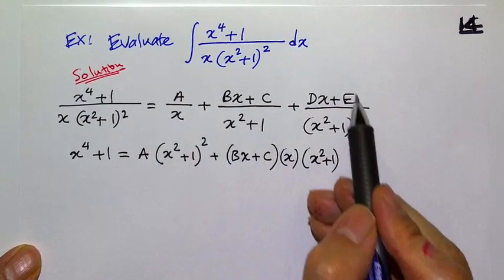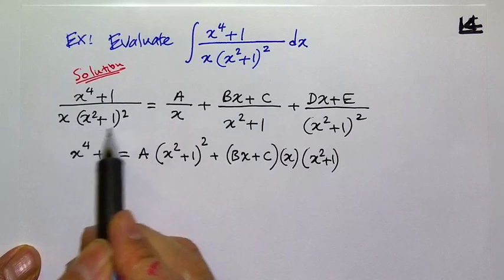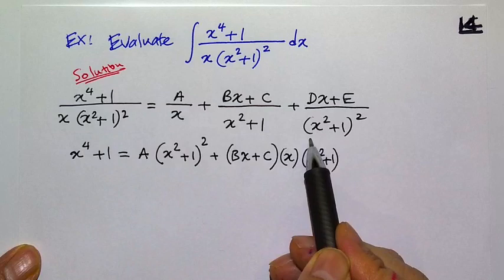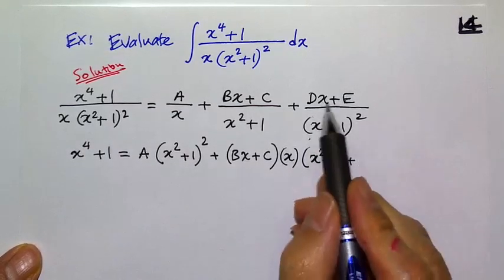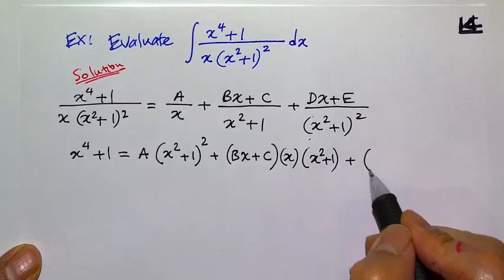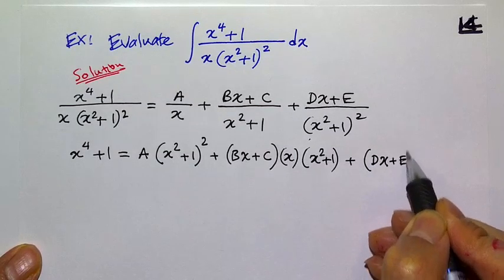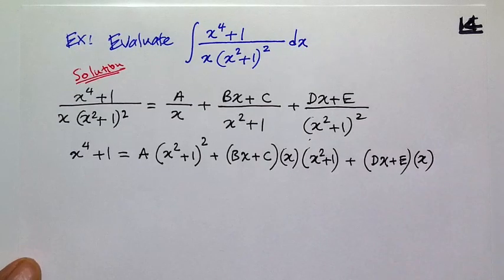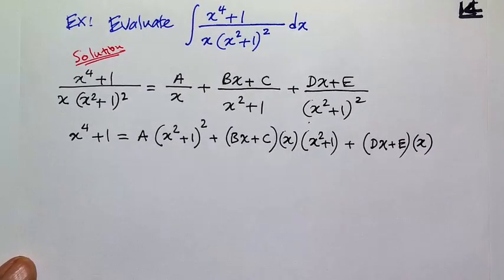And when you multiply this fraction by the denominator, x squared plus 1 squared and x squared plus 1 squared cancel out, we end up with just x, which multiplies by that. So Dx plus E times x. Okay, now we want to simplify.